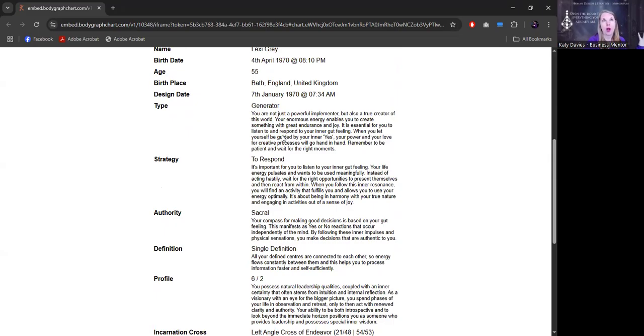So that's what I try to do through all of the other things I encompass in what I do: we need to get you the information so that you can understand it from a factual point of view. But the magic happens and the differences happen when you actually start to use the information in real life, tangible, daily, actual application. Like, what does it mean to be a generator?